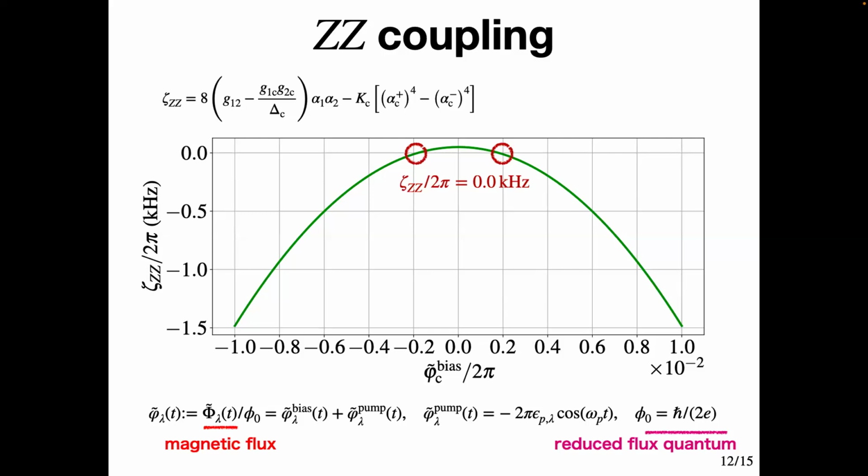And we decompose this dimensionless magnetic flux into 2 parts, parametric pump part and a bias part. This bias part can control the parameters here. As we can see, at these 2 points, we have theta ZZ equal to 0.0 kilohertz. So we can switch off the ZZ coupling.